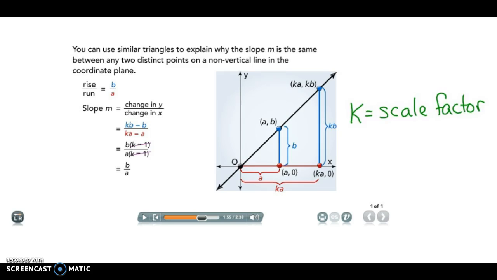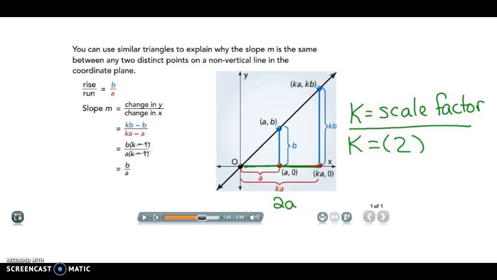Okay, I think this slide is a little bit confusing, but I'm going to run through it one more time. This is just your basic information. Each time they're looking at k being your scale factor. So in this case, we're going to say it's 2. So every time k equals 2, they want you to know that if you have a and you multiply it by k, you're going to have 2a if k is 2.